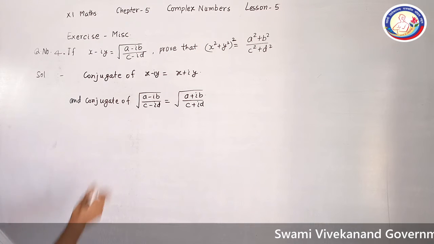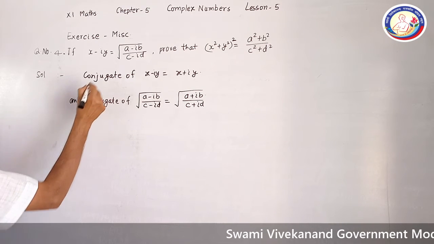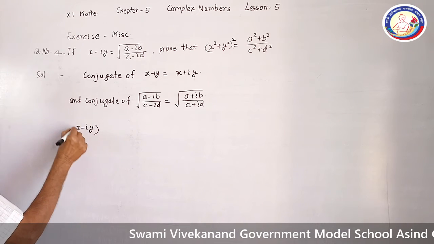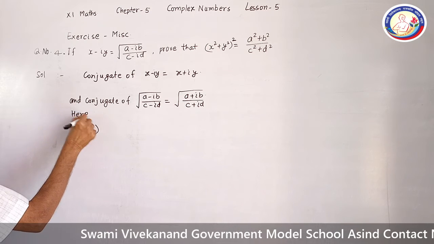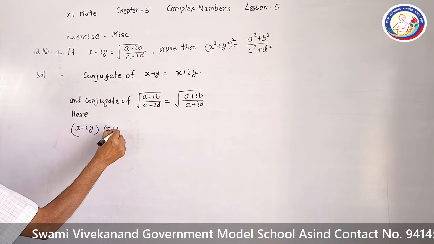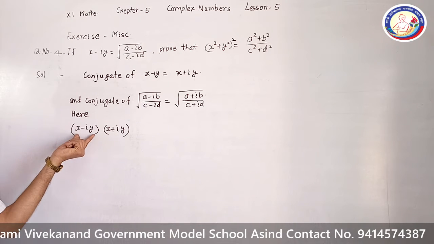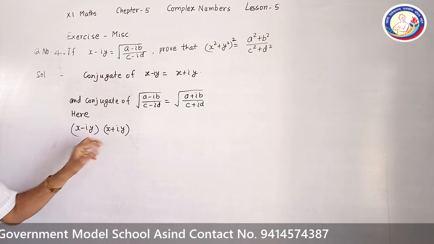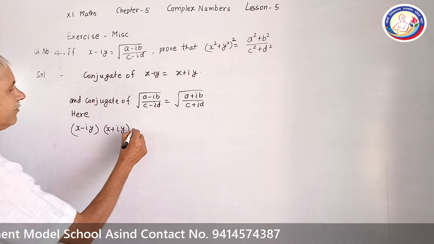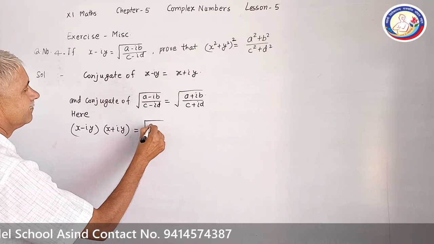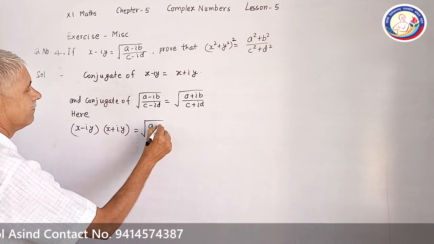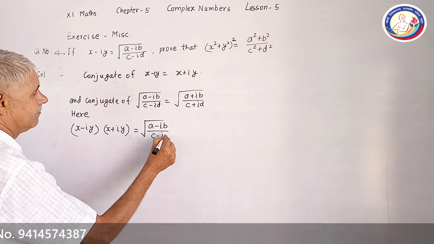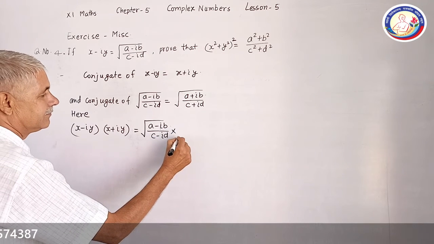Multiplying these two, this complex number and the conjugate of this complex number multiplied will be equal to the conjugate of its conjugate.